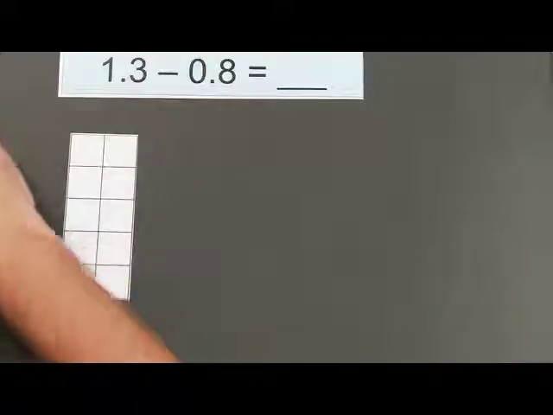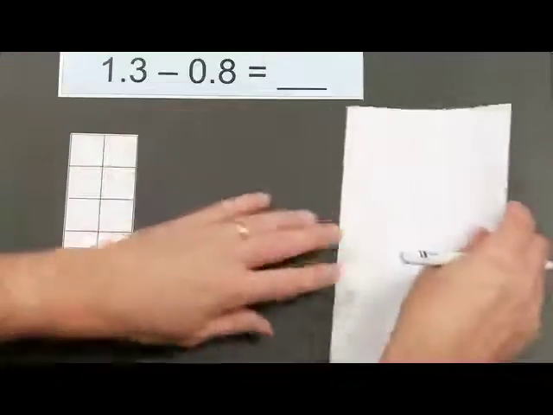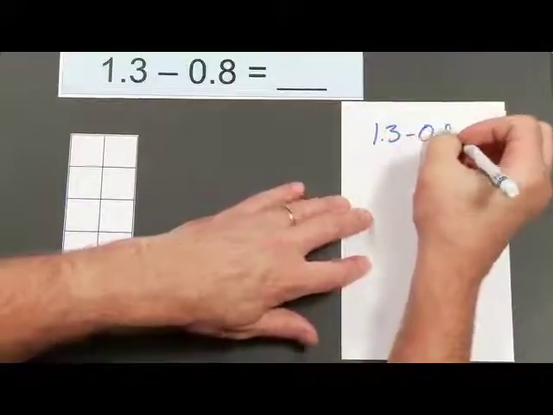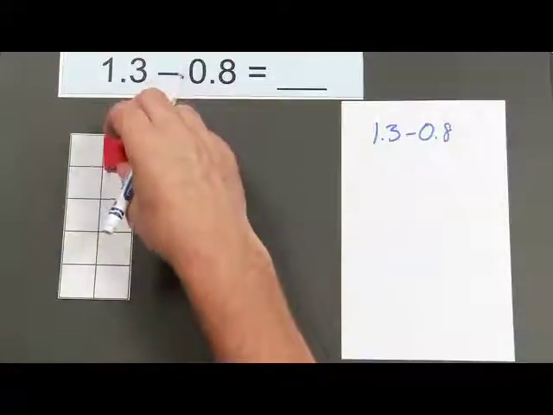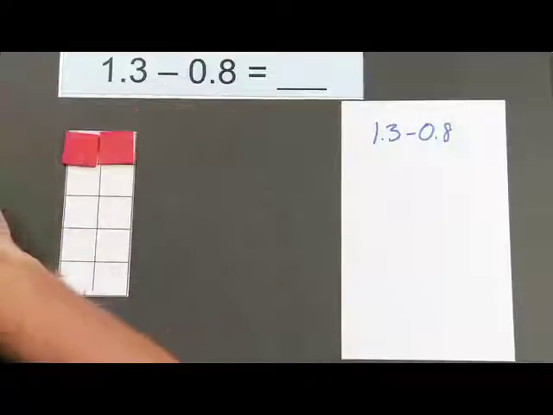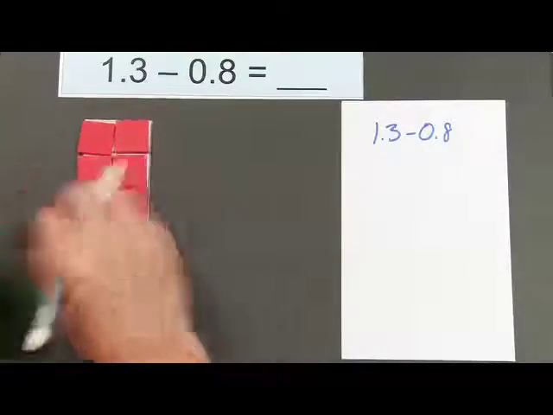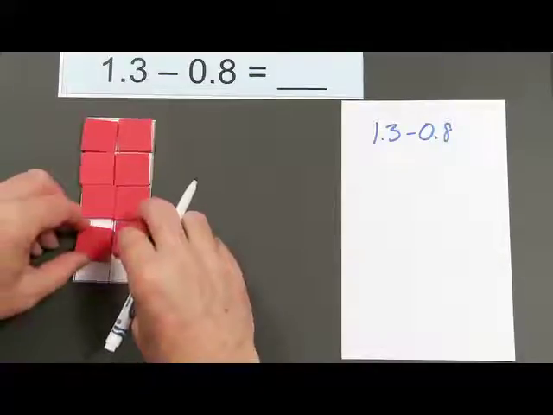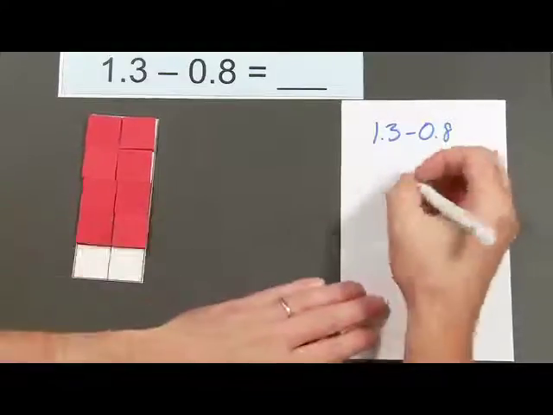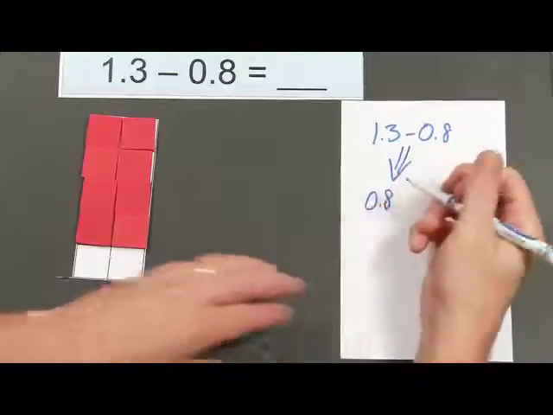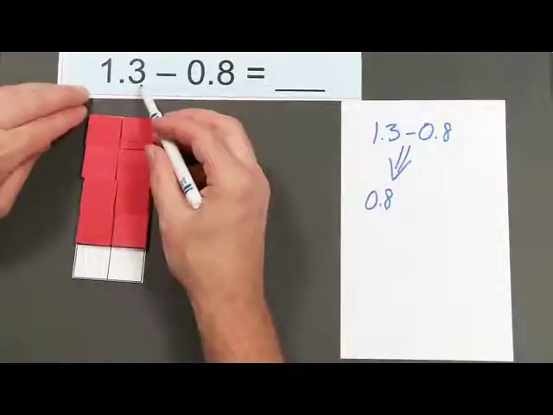I can also think of this as adding up. I'm starting with 8/10. Now, same question. 1 3/10 minus 8/10. But now I'm starting with 8/10. And I'm saying, this is really moving down to starting with 8/10 and saying, how much more do I need to reach 1 3/10?